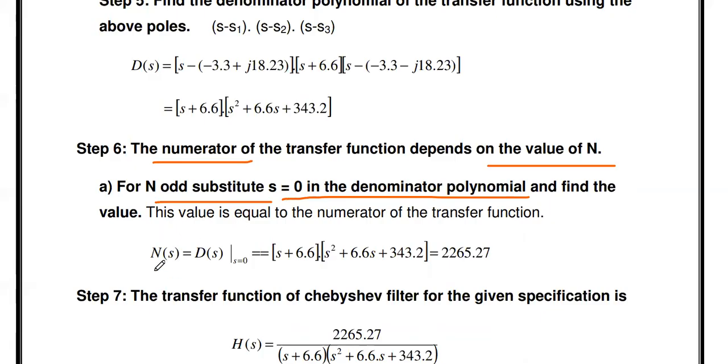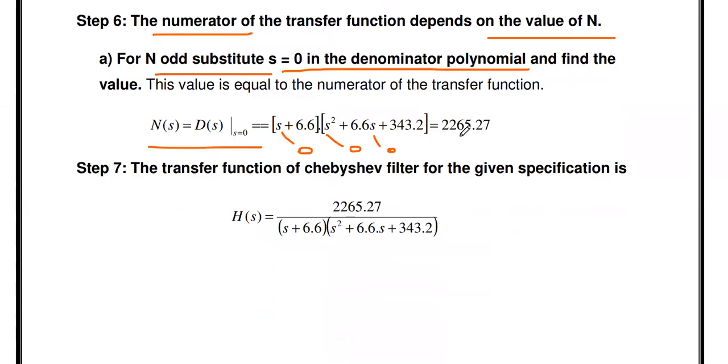So here the numerator is nothing but the denominator polynomial with s equal to 0. So this s is 0, this s squared is 0, so we are left with 6.6 into 343.2, and we get the answer as 2265.27. Okay, so the numerator polynomial is calculated, and the denominator is calculated.